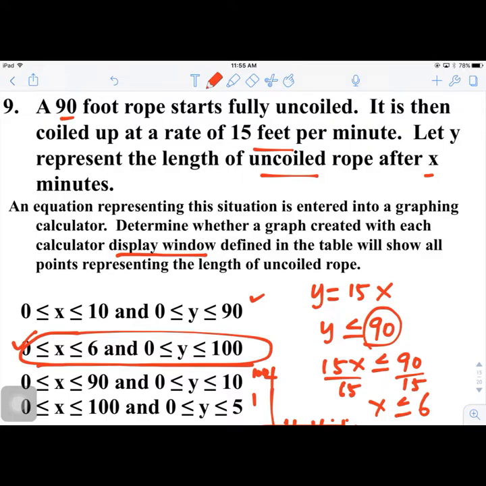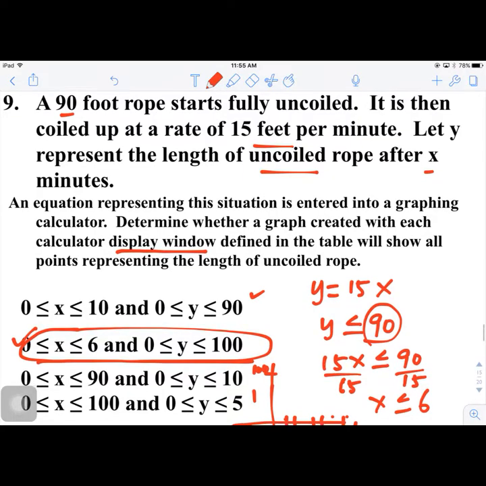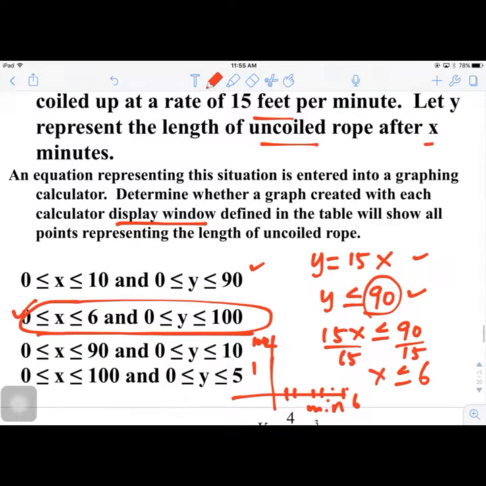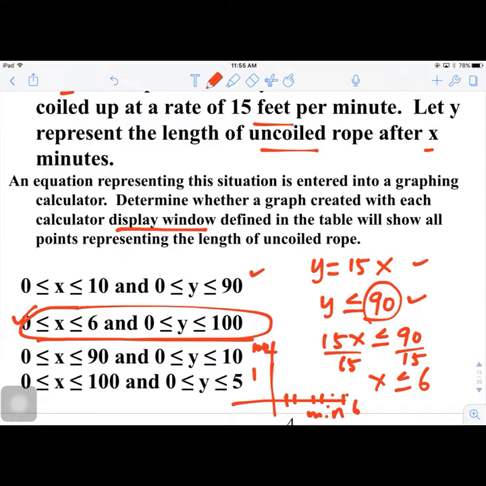So it is being coiled up at a rate of 15. So we can represent using these two equations, y equals 15 times x, that's the rate that is being coiled up. And then we have the fullest, the longest that it can reach is 90 feet. So if you solve the equation, 15x needs to be less than or equal to 90, we will have x is less than or equal to 6.